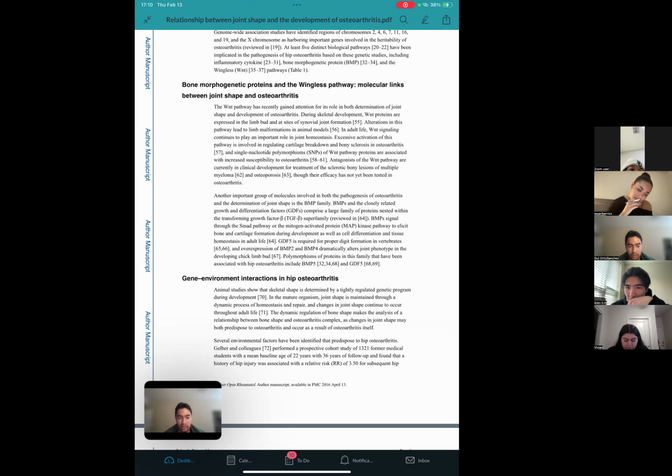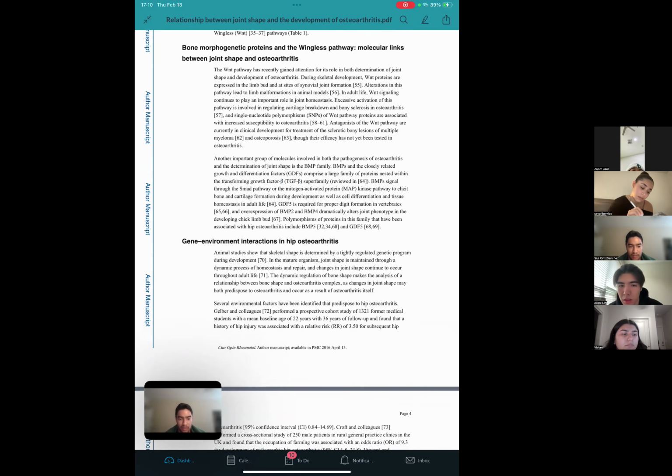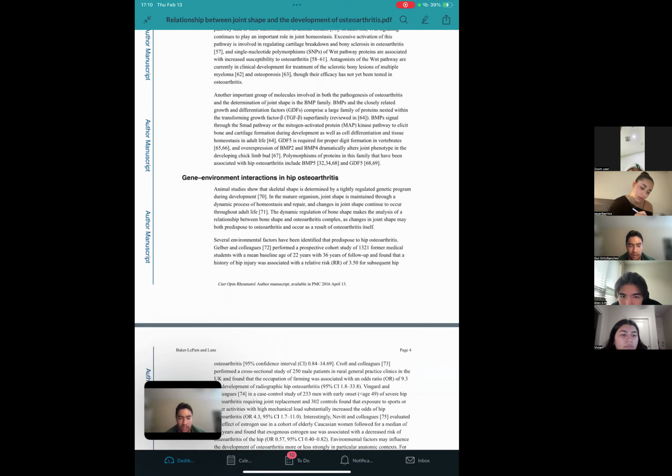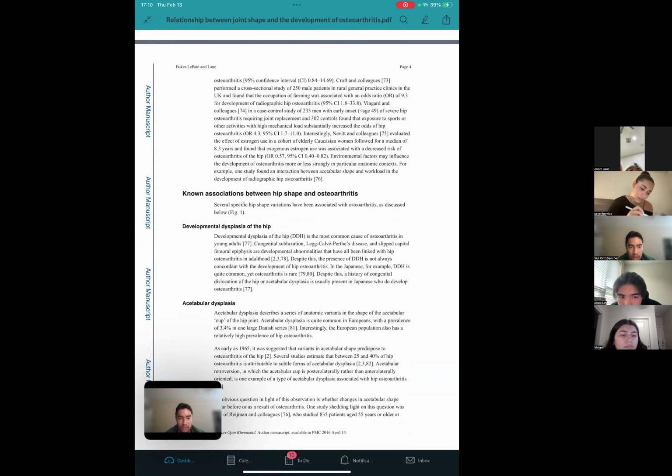Several environmental factors have been identified that predispose to hip osteoarthritis. Gelber and colleagues performed a prospective cohort study of 1,321 former medical students with a mean baseline age of 22 years with 36 years of follow-up, and found that a history of hip injury was associated with a relative risk of 3.50 for subsequent hip osteoarthritis.